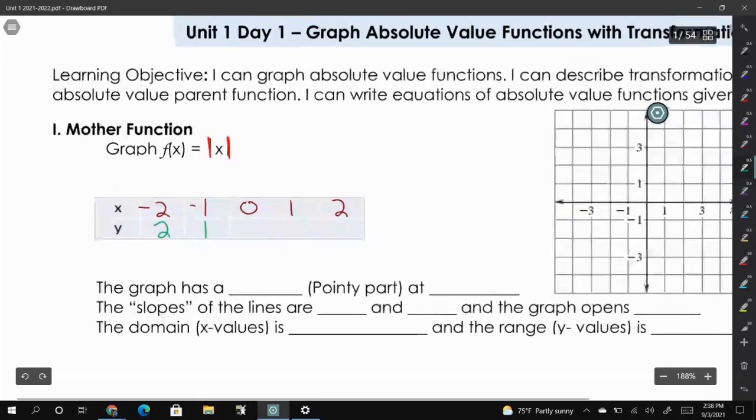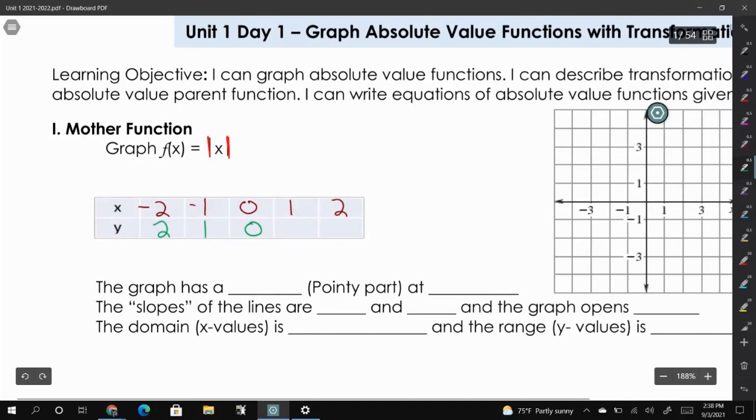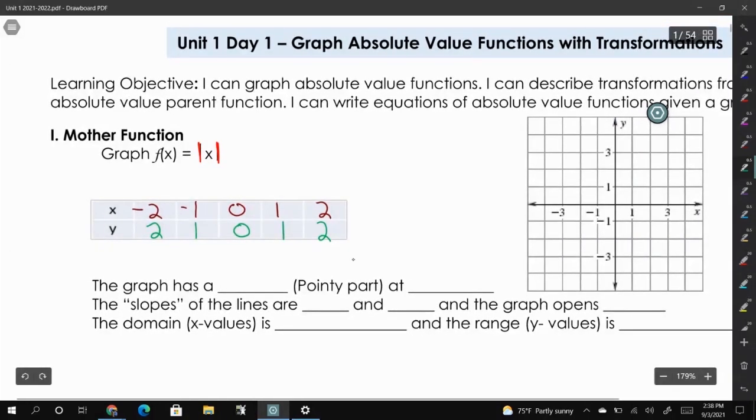The absolute value of 0 is 0. The absolute value of 1 is 1. And the absolute value of 2 is 2. We can plot those points now: (-2, 2), (-1, 1), (0, 0), (1, 1), and (2, 2).